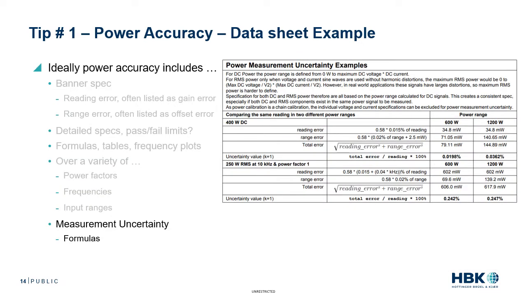When it comes to measurement uncertainty, it would be ideal to have examples with formulas. Like you see here in this example, we see formulas and examples for 2 different power ranges for DC power and RMS power at 10 kilohertz and a power factor of 1.